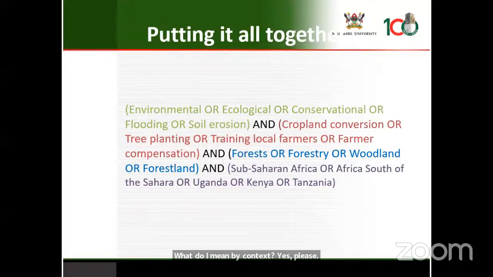Context, I can also look at context as, if I'm doing research on the learning aids, those facilities that they use in learning, amongst children in primary schools in Kenya. So what would be the context there? If you can help me.